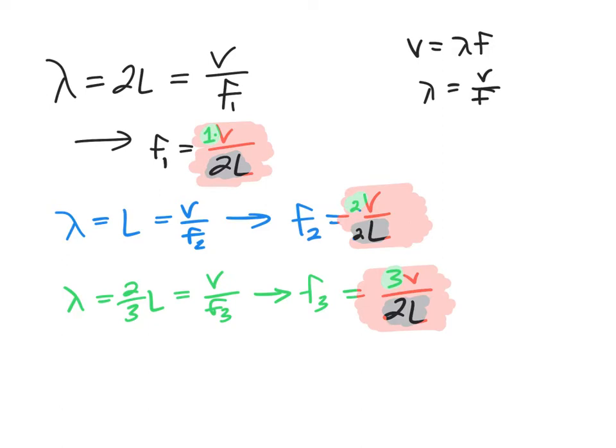And so this would let me write a general equation. The frequency in terms of the number of modes would be some number n, an integer number, V over 2L.